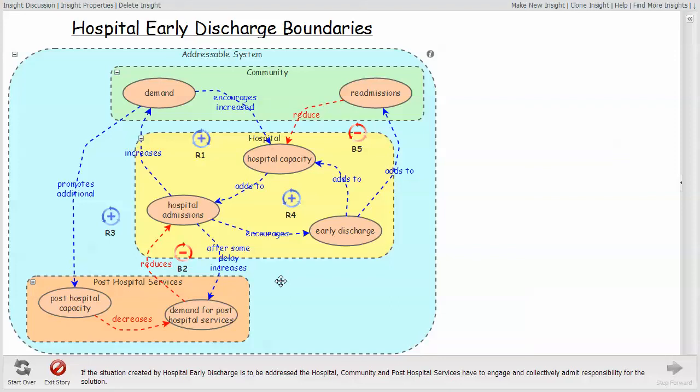Ackoff was very fond of saying one should never enhance any portion of the system unless it also enhances the whole. Usually what happens is individual stakeholders attempt to enhance their portion of the system, it has negative side effects on other stakeholders that are part of the system, and the overall operation of the system itself actually gets worse.